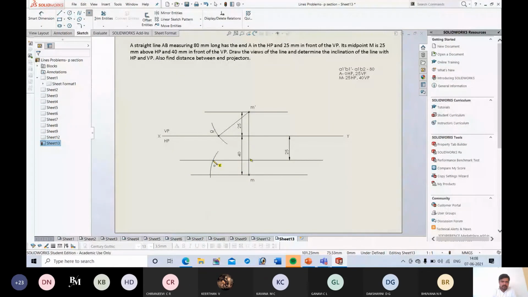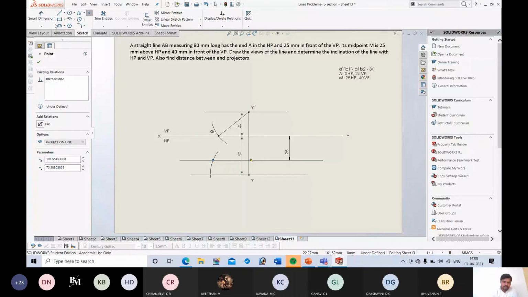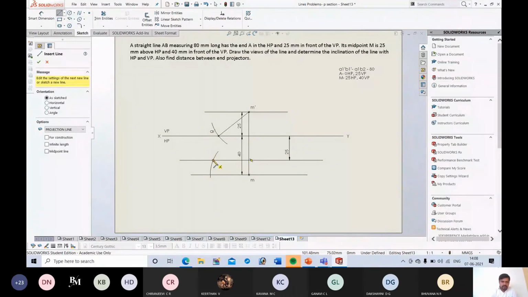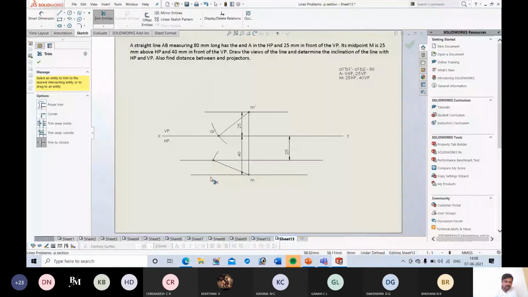Okay, I will trim this, that means I will erase the remaining portion of the arc. This is A2. You can consider it as A1 also, no problem, but it is not just A. If you write small letter a, that is the top view, but this is not a representation of top view. This is the point of true length line.